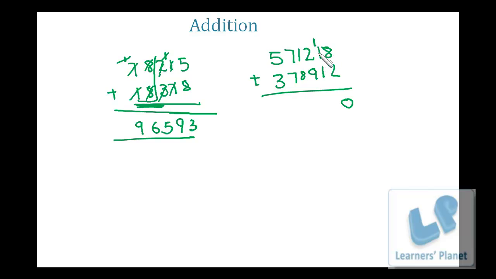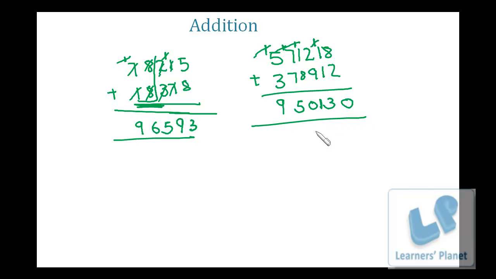Now 1 plus 1, 2, plus 1, 3. 9 plus 2 is 11, and 1 is carried. 8 plus 1, 9, plus 1, 10. 0, 1 is carried. 7 plus 7, 14, plus 1, 15. 5, 1 is carried. 8 plus 1 is 9. Okay, so this is the answer.